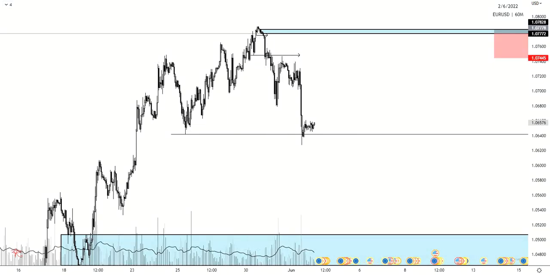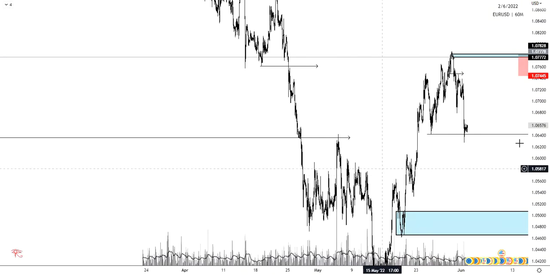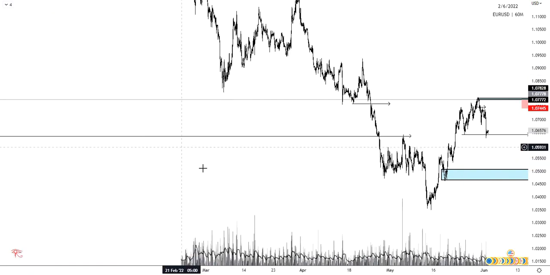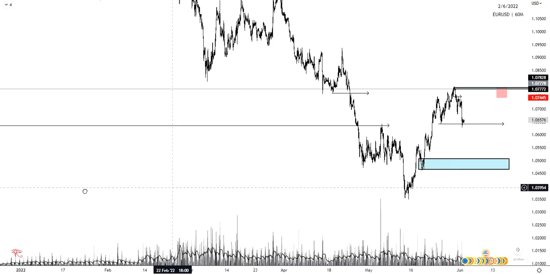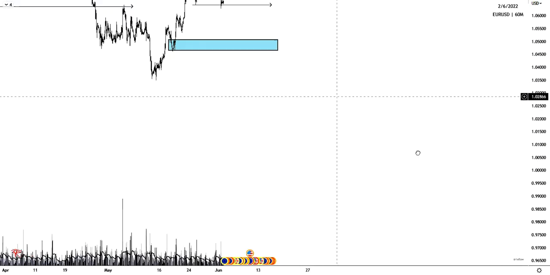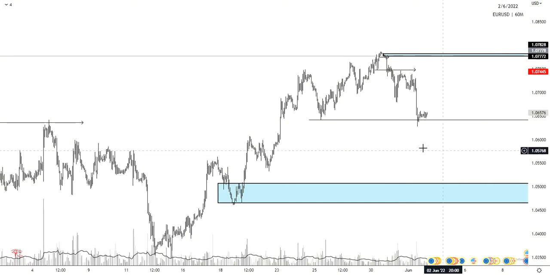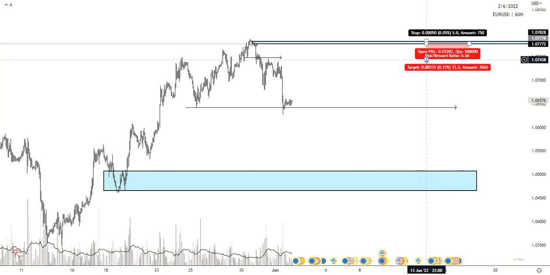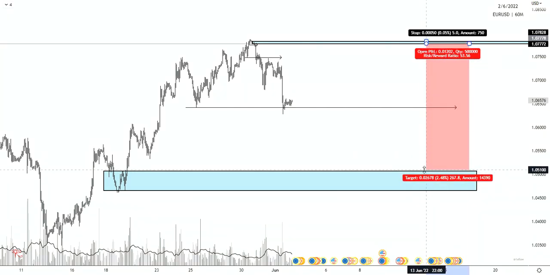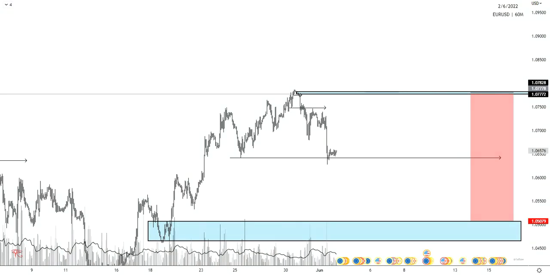Based off of the daily breaker structure to the downside, following a 4-hour breaker structure to the downside, after tapping our weekly supply, that caused a new low. So the weekly high that caused a new low, targeting areas down here.